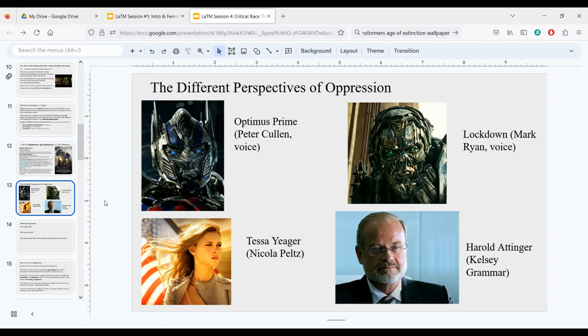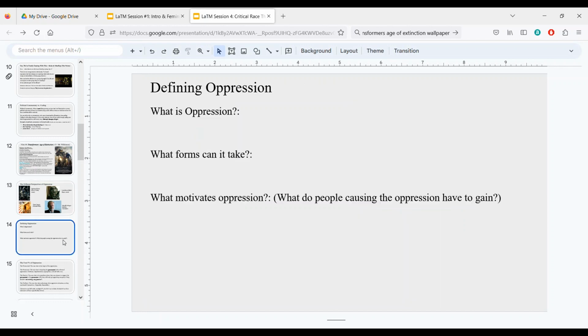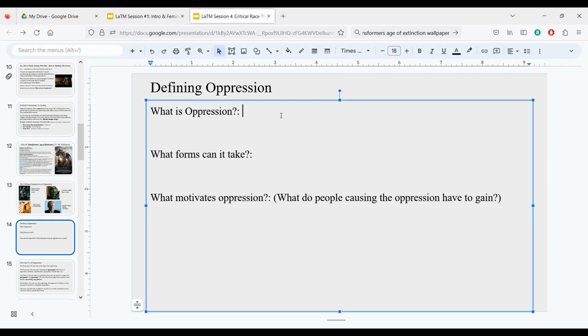So we're going to be looking specifically at these 4 characters: Optimus Prime, Lockdown, Tessa Yeager, Mark Wahlberg's daughter in the film, and Harold Attinger, played by Kelsey Grammer, everybody's favorite character. Absolutely. But before we do that, Tommy, can we define what oppression is, and what forms it takes, and what motivates it?